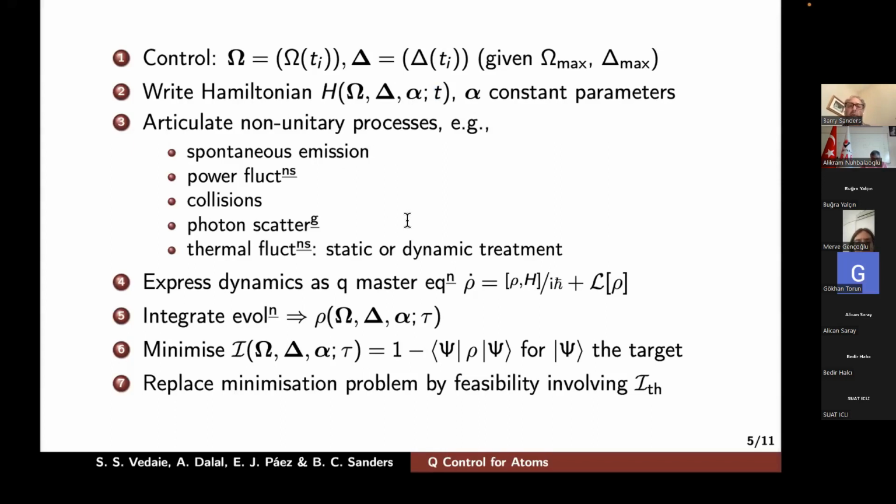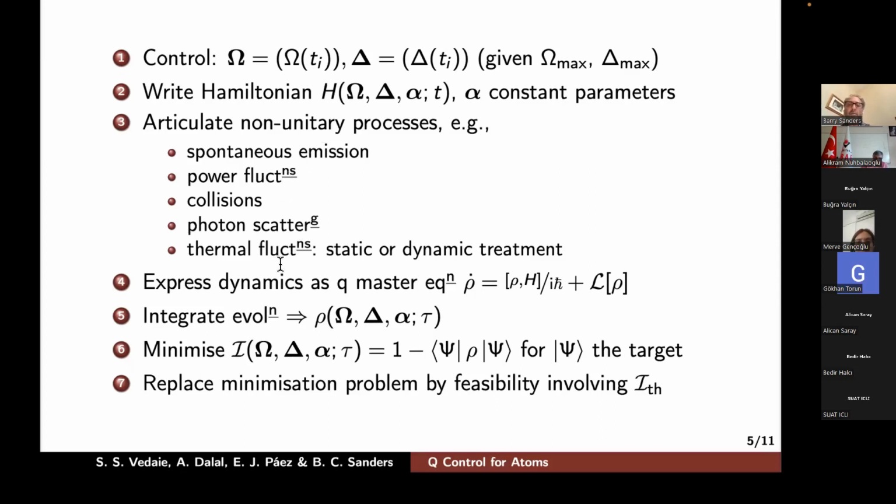And then we have non-unitary processes that feature either into a master equation or into a stochastic average of solutions to a master equation. So we incorporate spontaneous emission, power fluctuations with a laser, collisions between atoms, photon scattering like Rayleigh scattering, and thermal fluctuations. For the neutral atom, a lot of these don't matter.